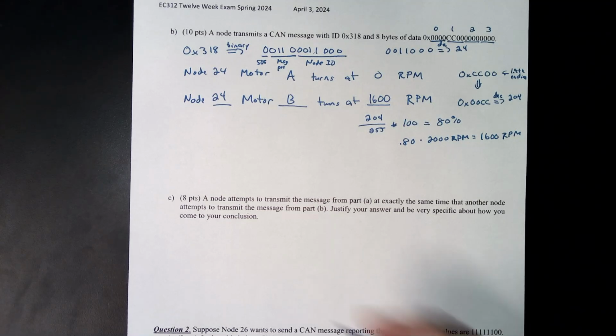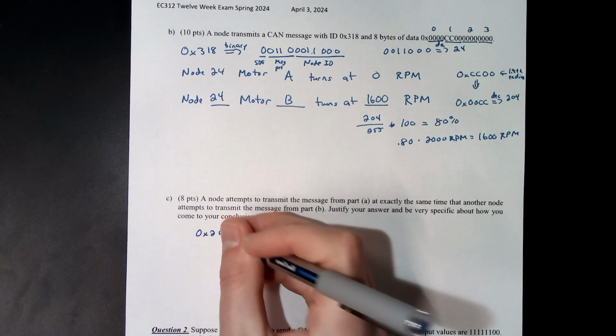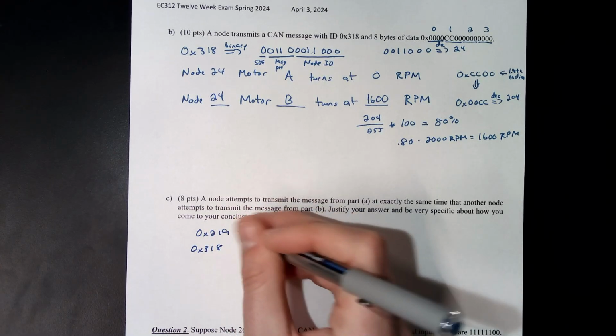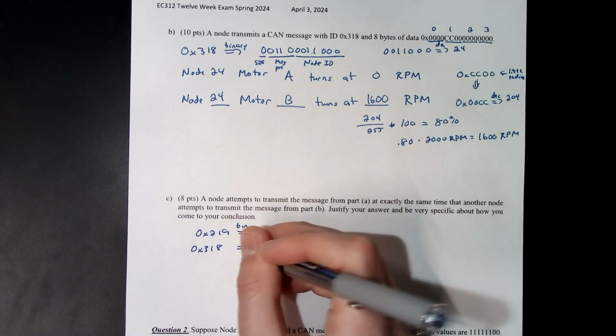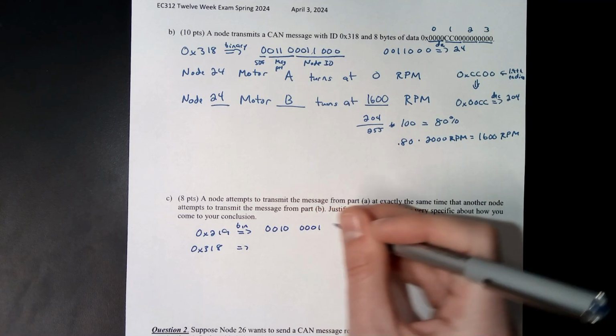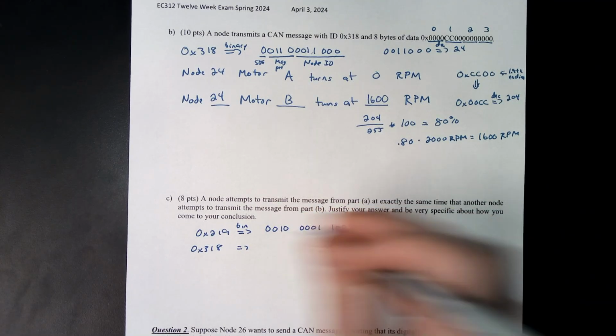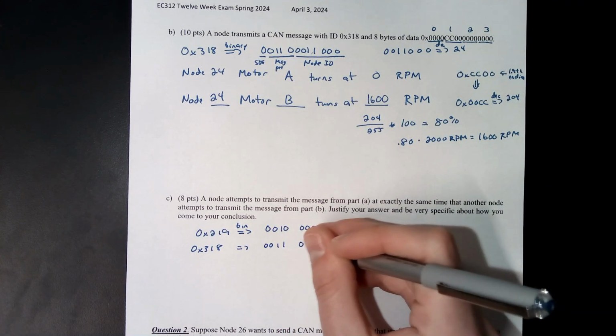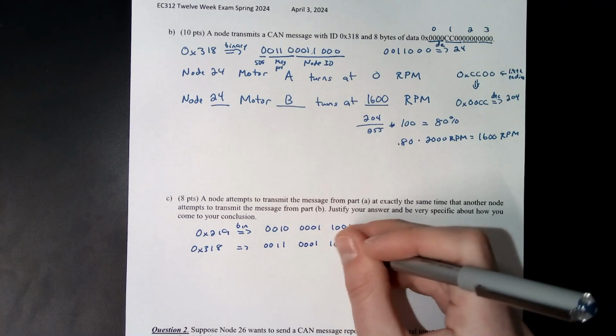So we've got our 0x219 and our 0x318, and we're going to translate both of those to binary. Same deal. So 0010, 0001, 1001, and then 0011, 0001, and 1000.